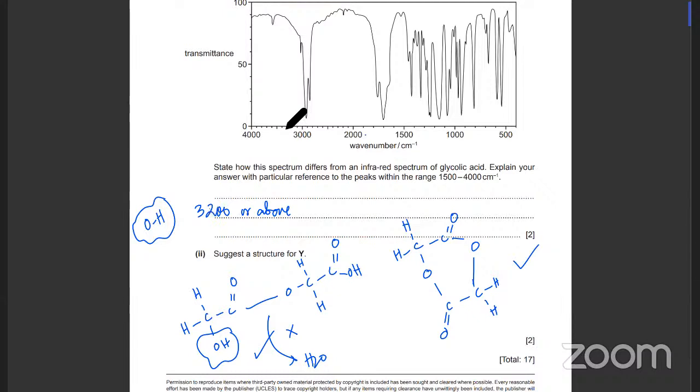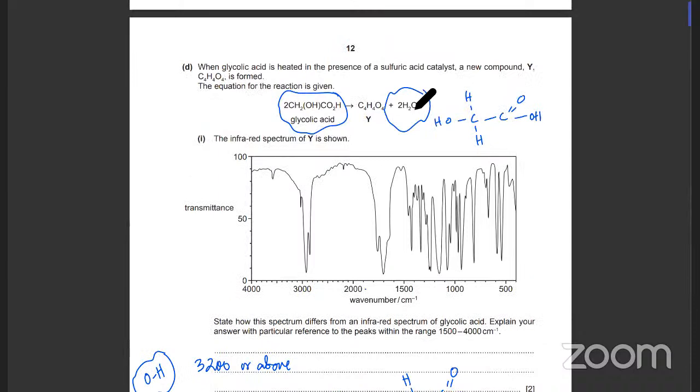You're not getting anything over here. And this one has a carboxylic acid OH as well. The carboxylic acid OH has a peak around 3000, but it's strong and very broad. So there are many ways of eliminating this one. You could have matched the formula, or you could have just looked at the fact that there are two water molecules getting produced.